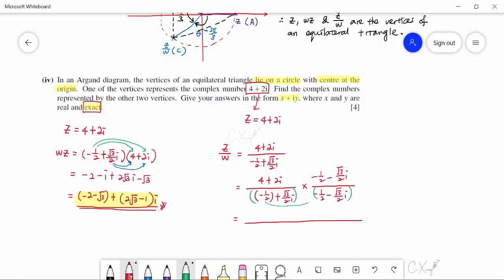So first term multiply with first term, multiply with second term, and you do the same thing for the second term here. Also the same thing for the number on top, the numerator. Okay, so if you didn't do any careless mistake, for the denominator, eventually you should get 1 over 4 plus 3 over 4. And then for the numerator on top, this should be what you get.